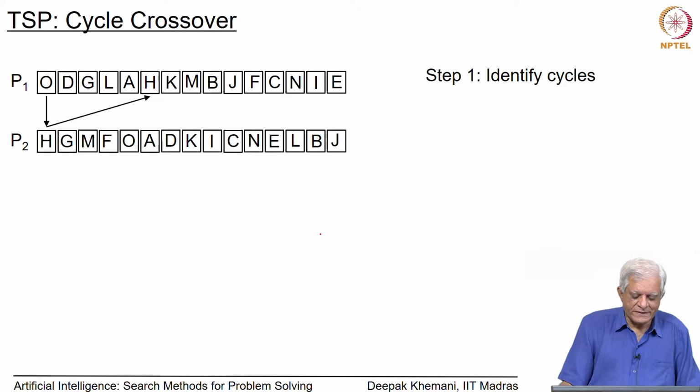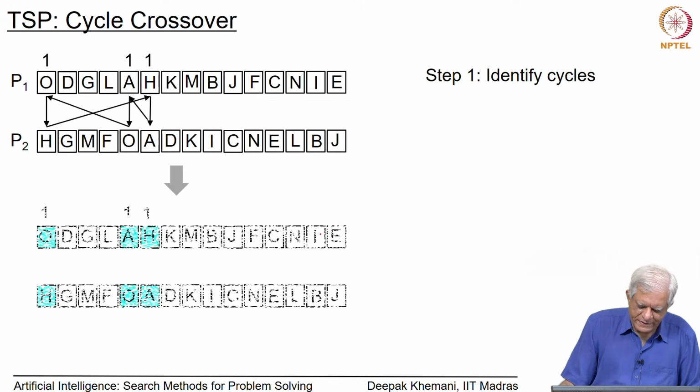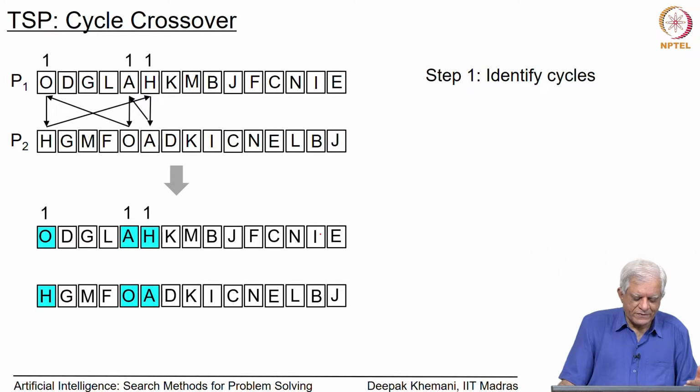Then you look at where H is in the first parent, and the corresponding city for it is A in the second parent. Then for A the corresponding city is O, and that takes us back to the origin O, and so we have identified one cycle in these two parents, and we have shown this cycle by coloring it in cyan. We repeat this process.